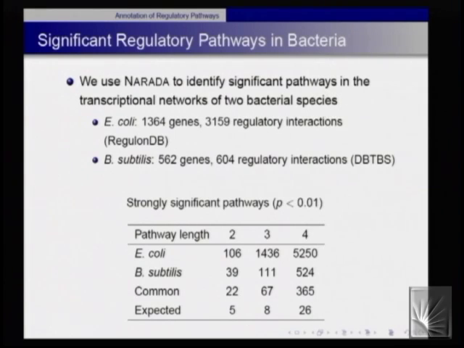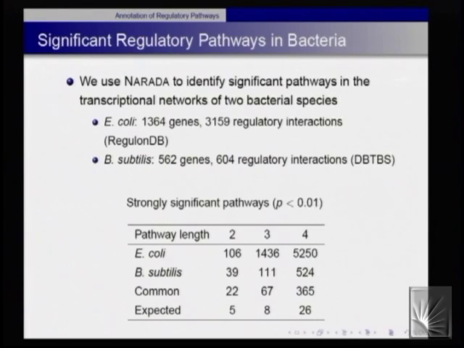And we did so. We identified about 100 paths of length 2 in E. coli, for example, about 40 in subtilis, where, as you will see, the subtilis network is much less comprehensive. And actually, 22 of them were identical. When we repeated the same experiment on randomized networks, on average, only 5 of them were identical.